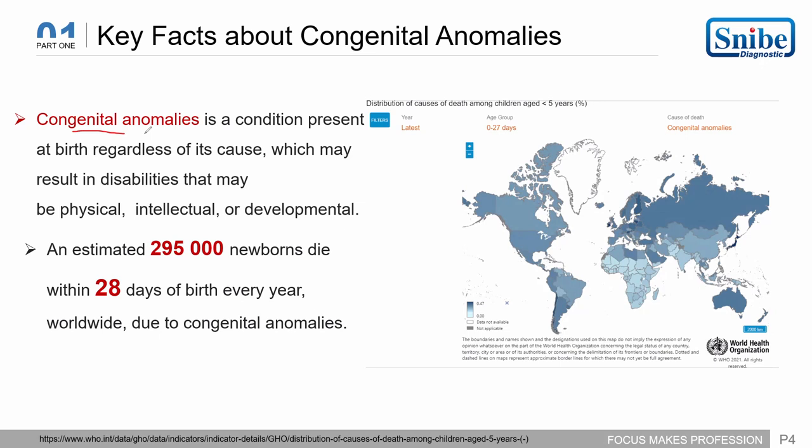It is estimated that globally around 295,000 newborns die within 28 days of birth every year due to congenital disease. Congenital disorders cause a further 170,000 deaths of children between the ages of 1 month and 5 years.